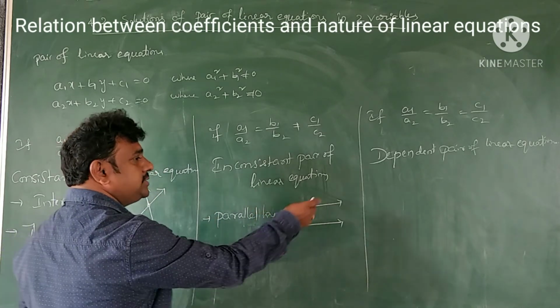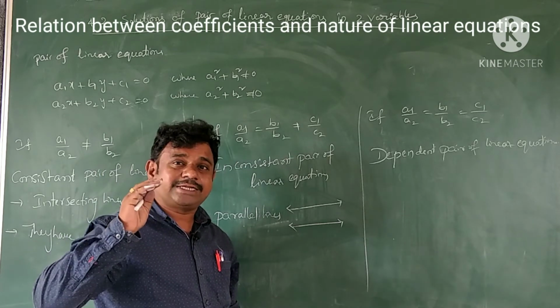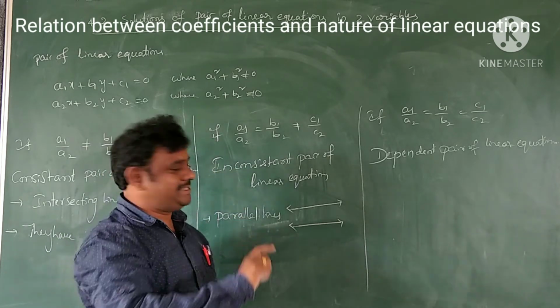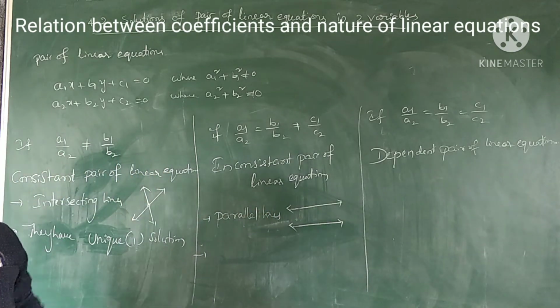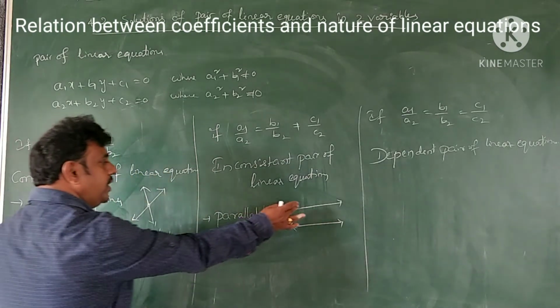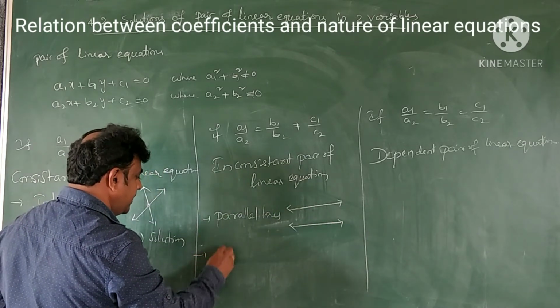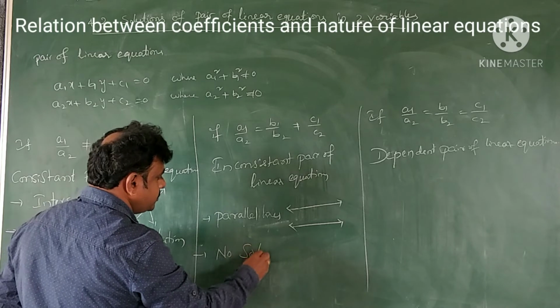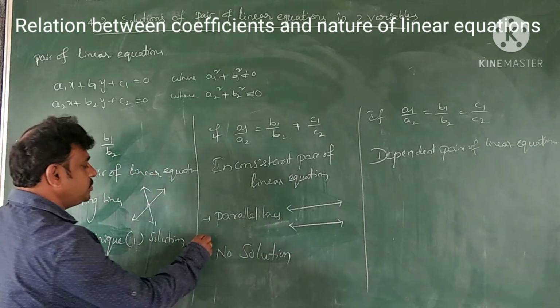How many solutions? The intersecting point of two lines is nothing but the solution of the equations. So they do not touch anywhere, so they have no solution.